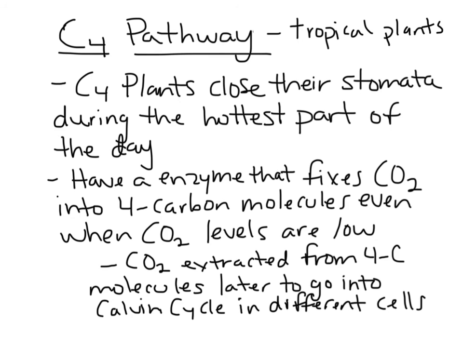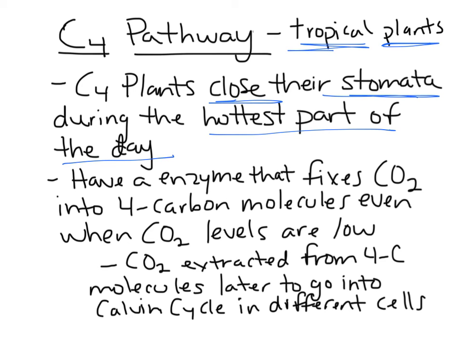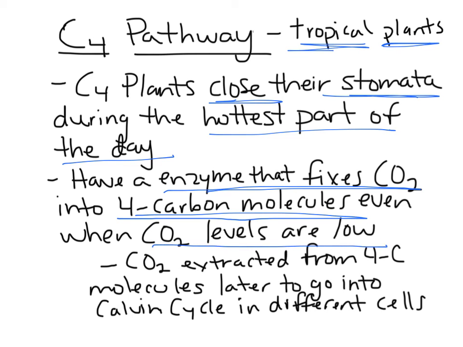We have C4 plants, or C4 pathway. We find these in tropical plants. These close their stomata during the hottest part of the day, and this is to keep the water in. And they have an enzyme that fixes CO2 into a 4-carbon molecule even when CO2 levels are low. Because when we close the stomata because of the heat, the CO2 is not able to get into the plant as well.